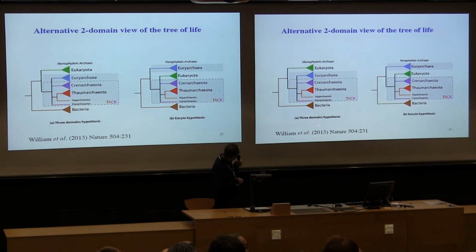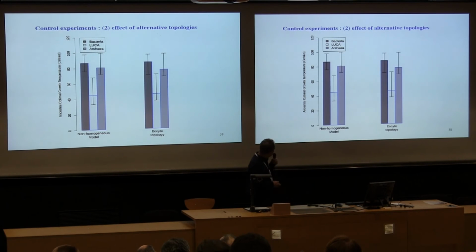Now this classical view is strongly challenged in favor of an alternative view where the eukaryotic domain would have emerged from inside the archaeal domain. This is called the two-domain view of the tree of life. There is this big split between bacteria and archaea, and within archaea, the eukaryotic domain emerges. So that's possibly a better view than the classical one. The jury is still out.